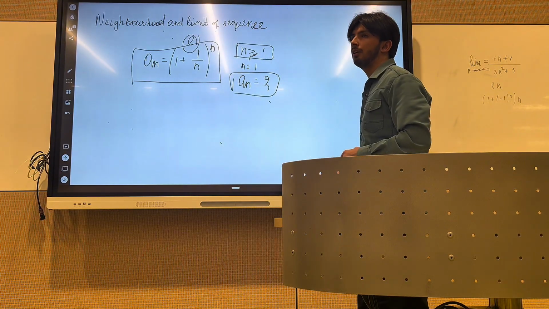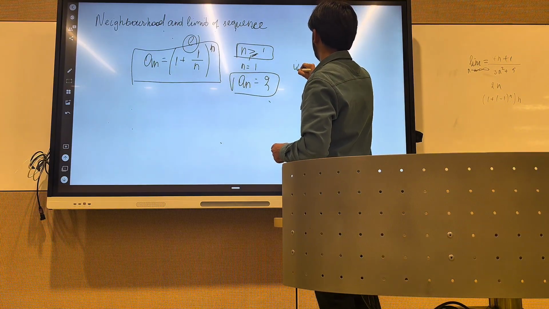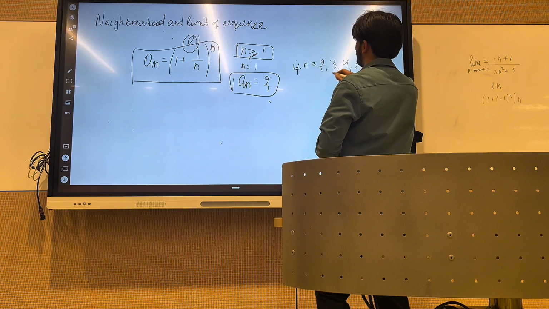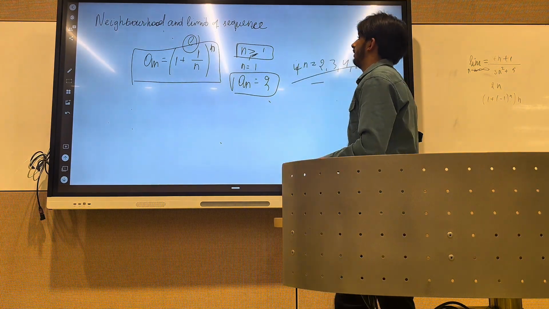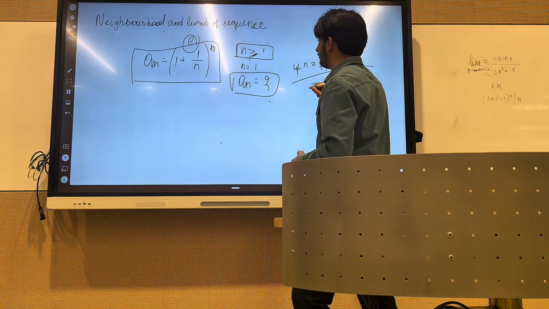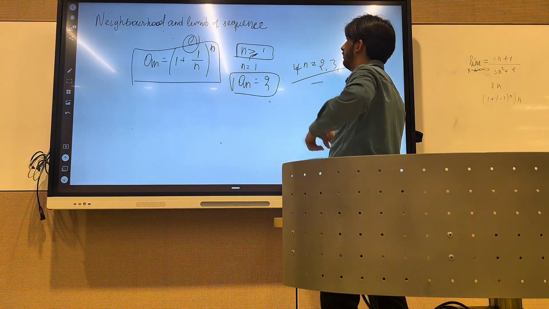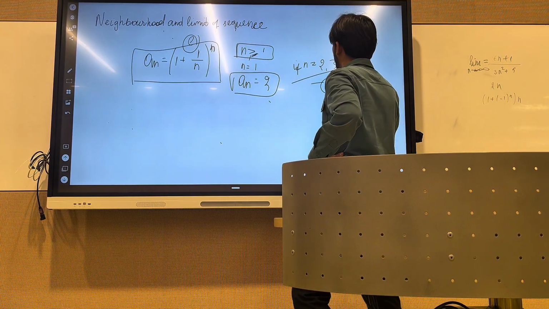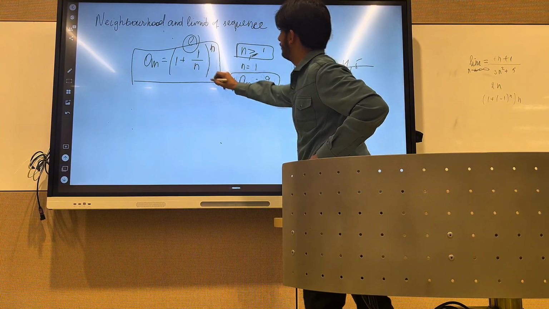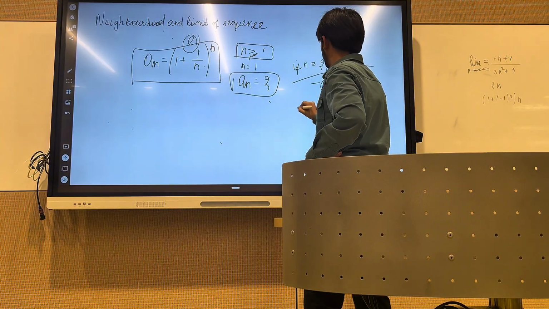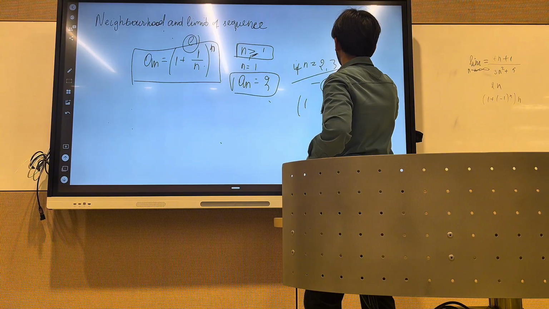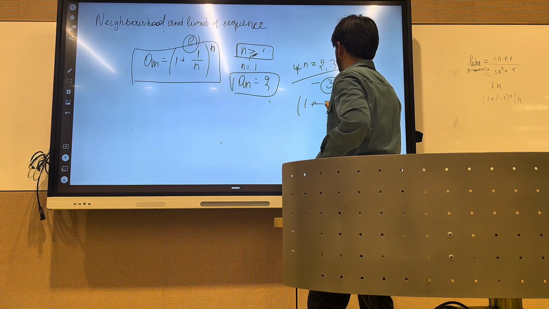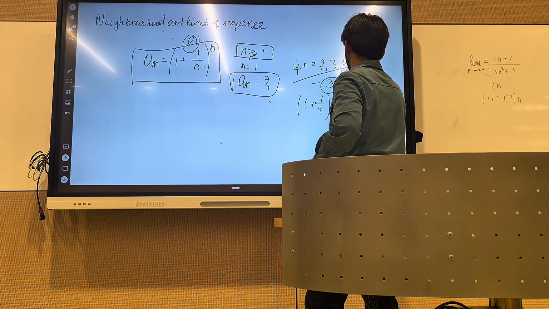So, if an equals 2, 3, 4, 5, they are bounded from above by 3. For example, put the number 3 instead of it. No, it's better to take 4. 1 plus 1 over 4, to the power of 4.